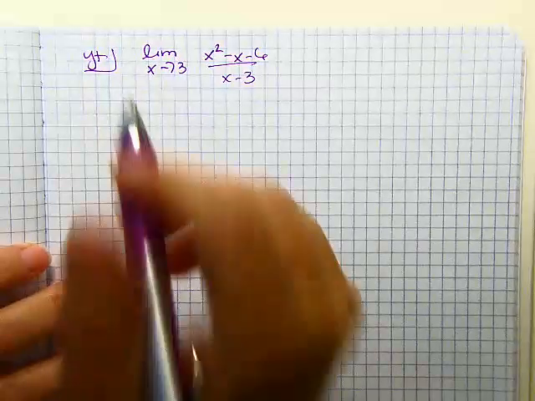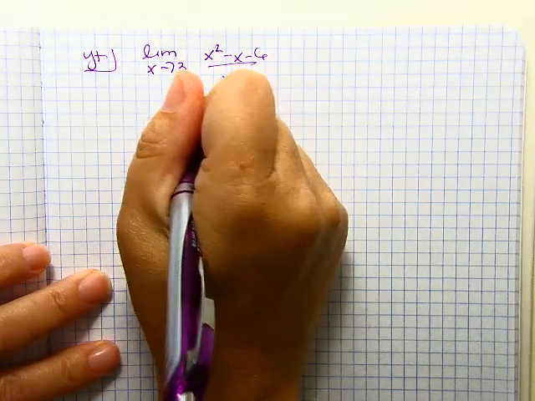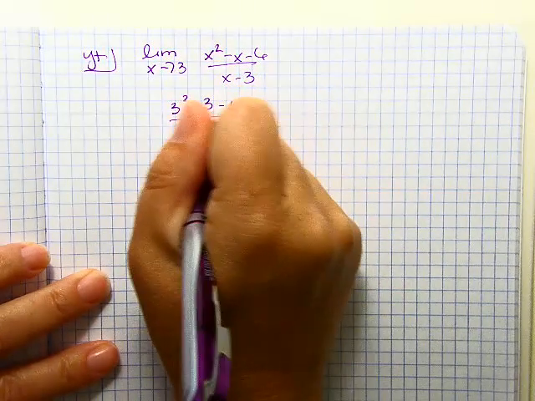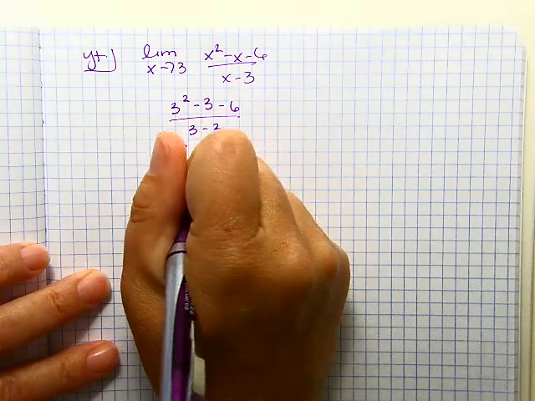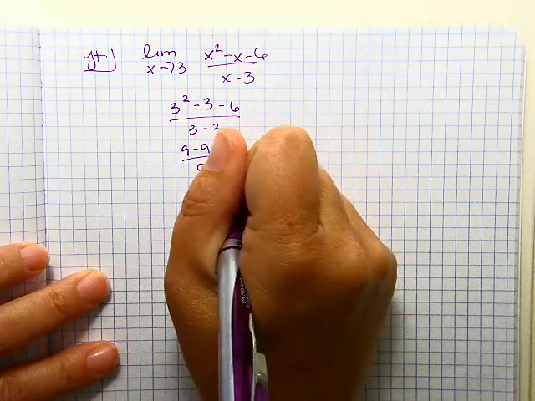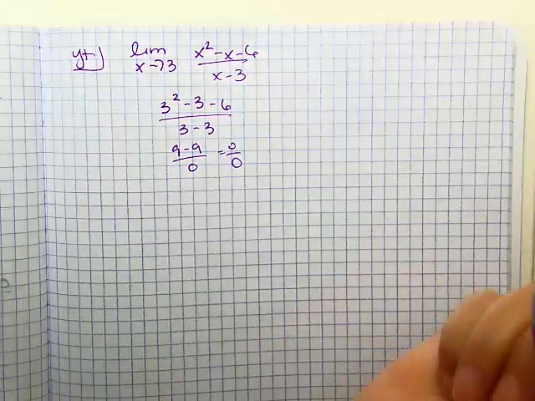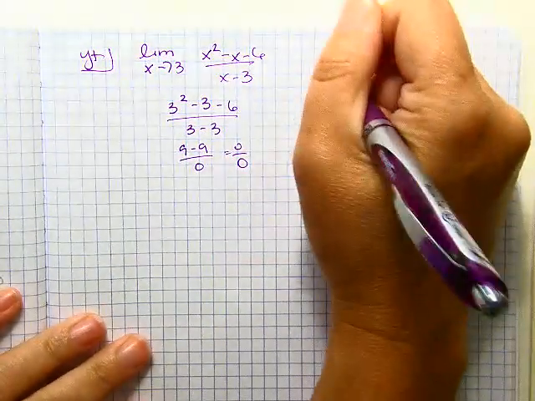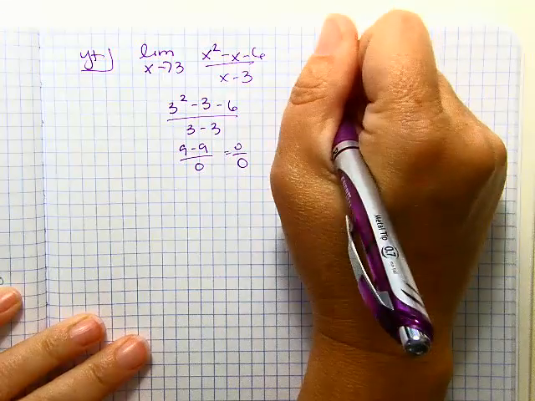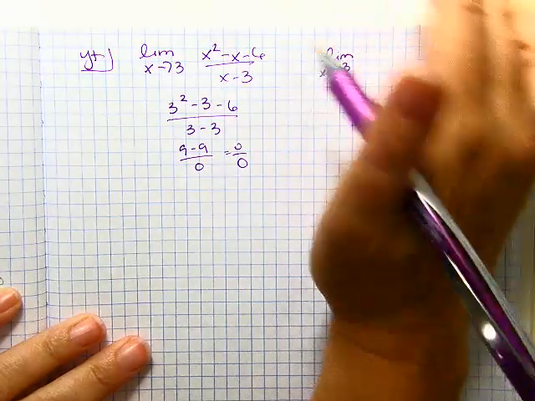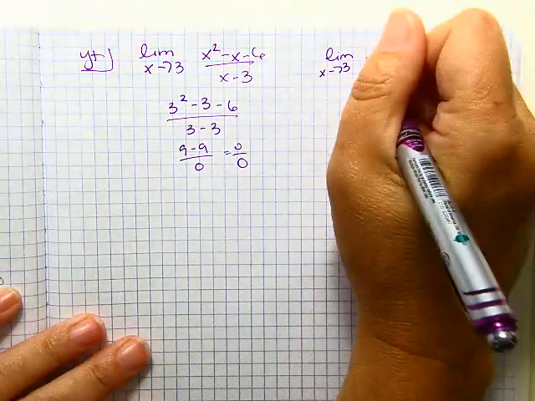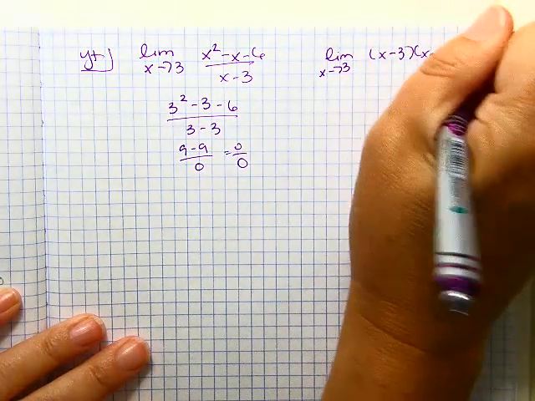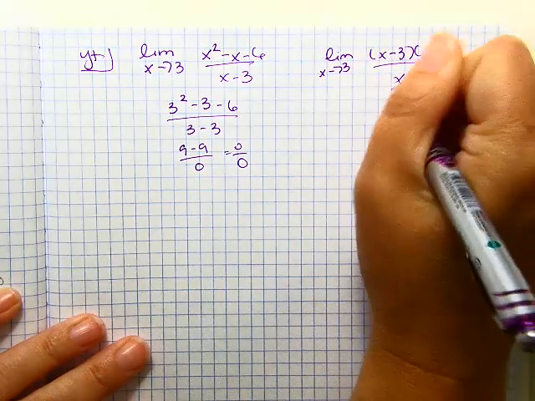So step 1, we're going to just do direct substitution: 3 squared minus 3 minus 6 over 3 minus 3. 9 minus 9 over 0, which is 0 over 0. Kind of knew that was coming, didn't we? It's an indeterminate form. So now I'll rewrite this as the limit as x approaches 3, and I can factor to get x minus 3, x plus 2 over x minus 3.